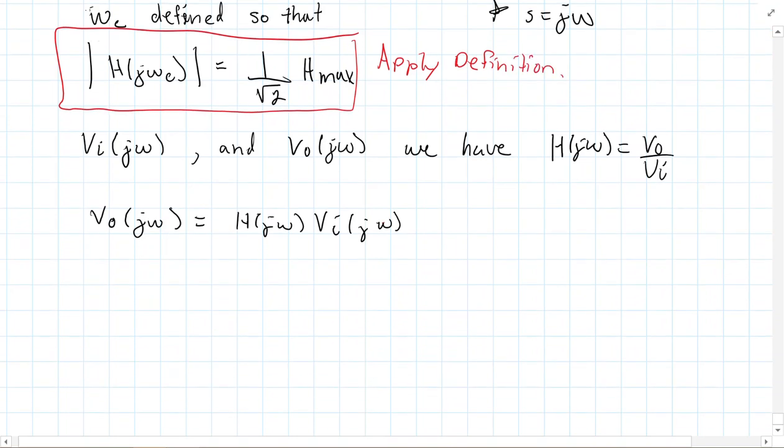So if I apply this definition here, I'm going to substitute here the magnitude of V out at j omega c, and this would be equal to 1 over square root of 2, and then we call this H max, times the magnitude of the input voltage, and I'll just say at j omega c for now.